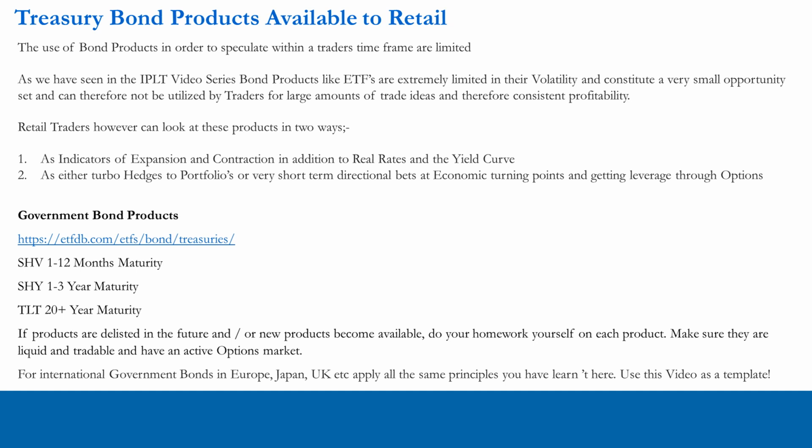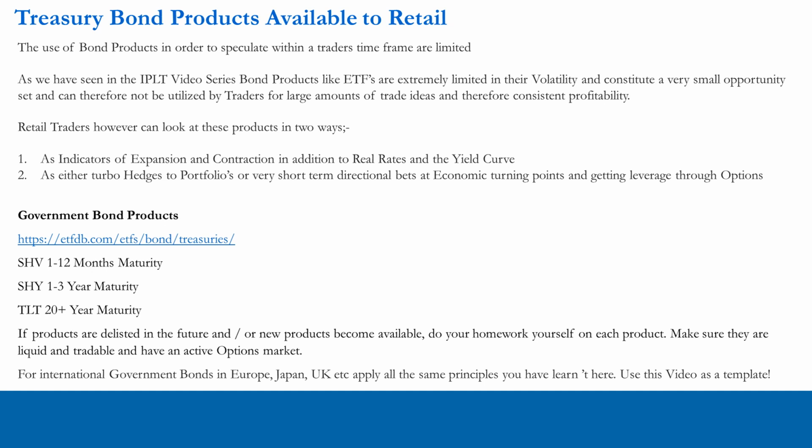Now, obviously, we're recording this at a moment in time. If products are delisted in the future or new products become available, just do your homework yourself on each product. What you have to do is make sure that they are liquid and tradable and have a very active options market.